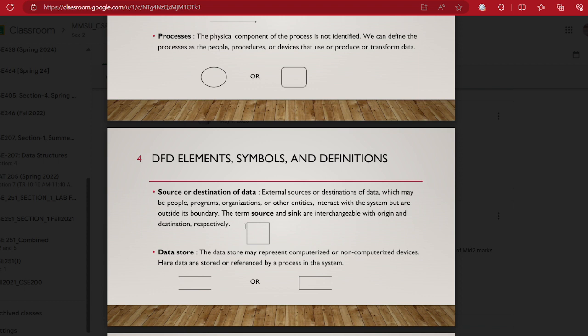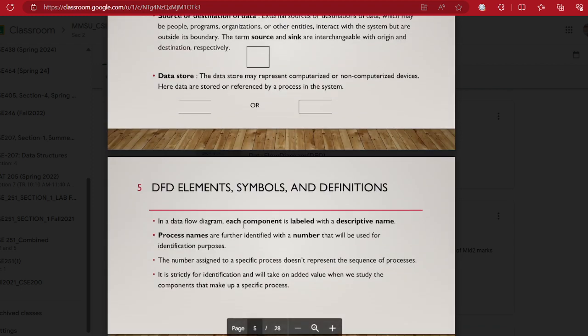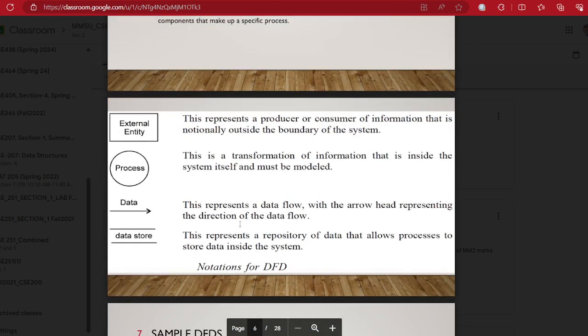To indicate the sources of data or the destinations of the data, you can use a simple square shape, or for indicating the data store you can use parallel lines. Okay, so these are the things that you need to remember.